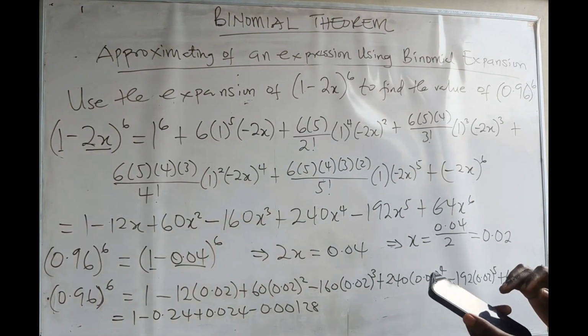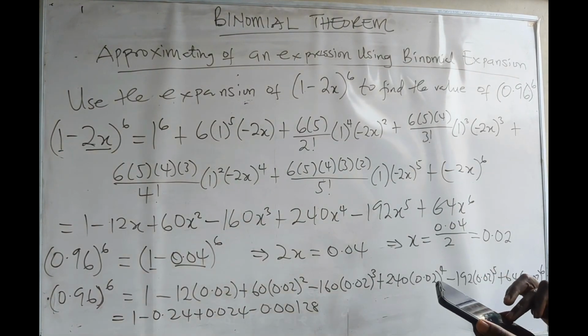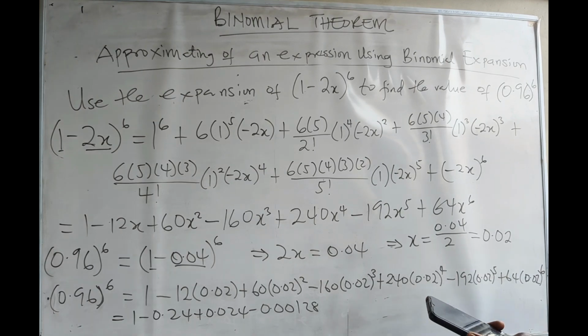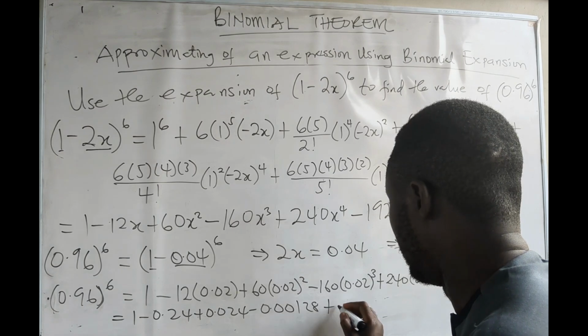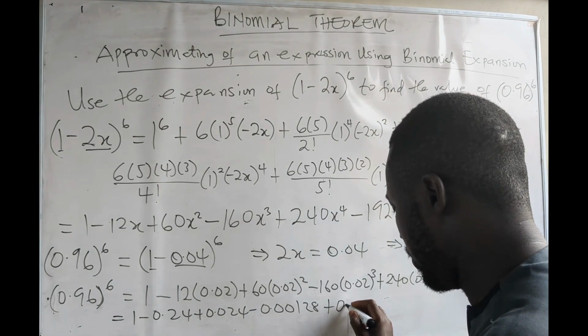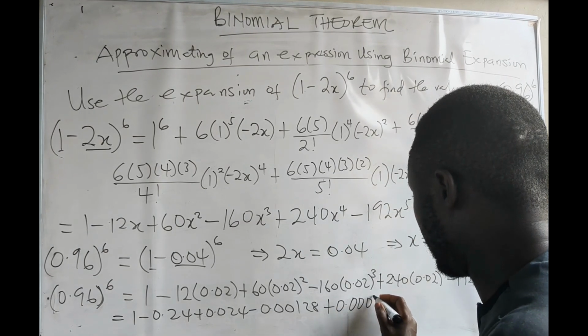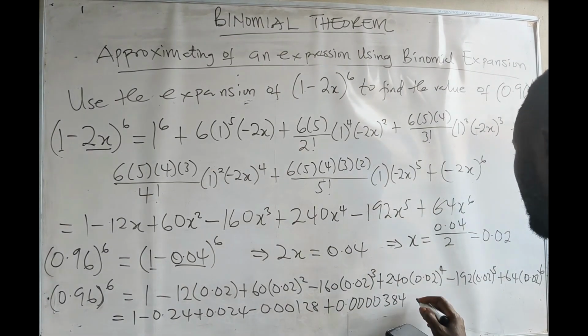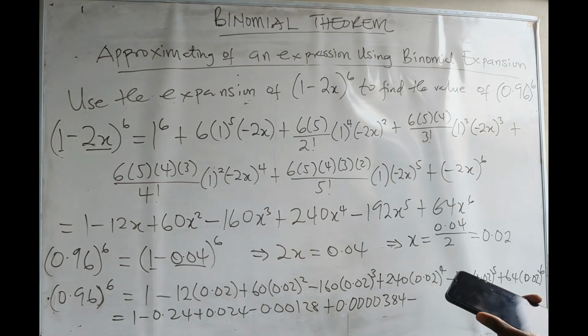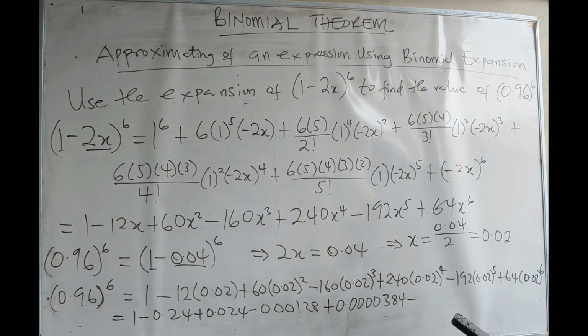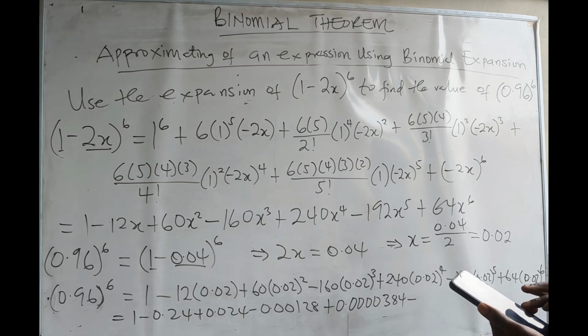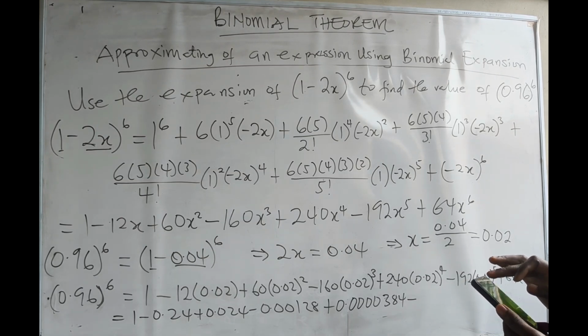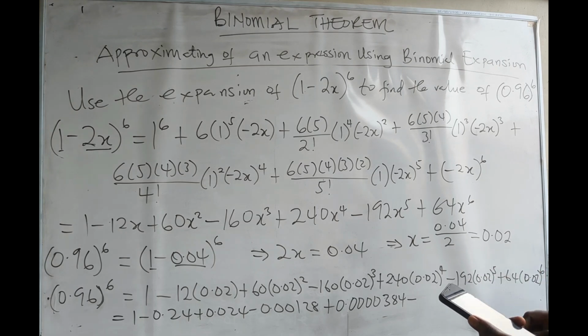And then 240 times 0.02 exponent 4 will give us plus 0.00000384, 4 zeros after the decimal point. As we are moving, the value will be getting closer to 0. So minus 192 times 0.02 exponent 5.